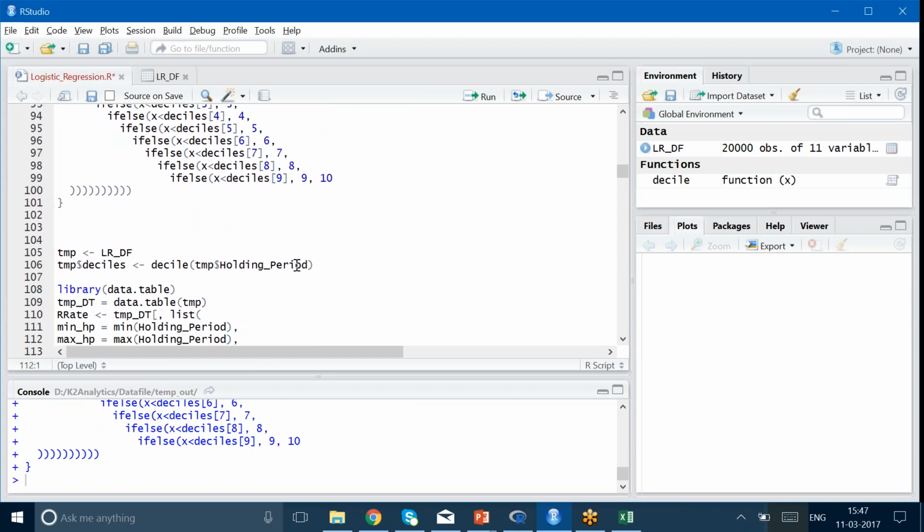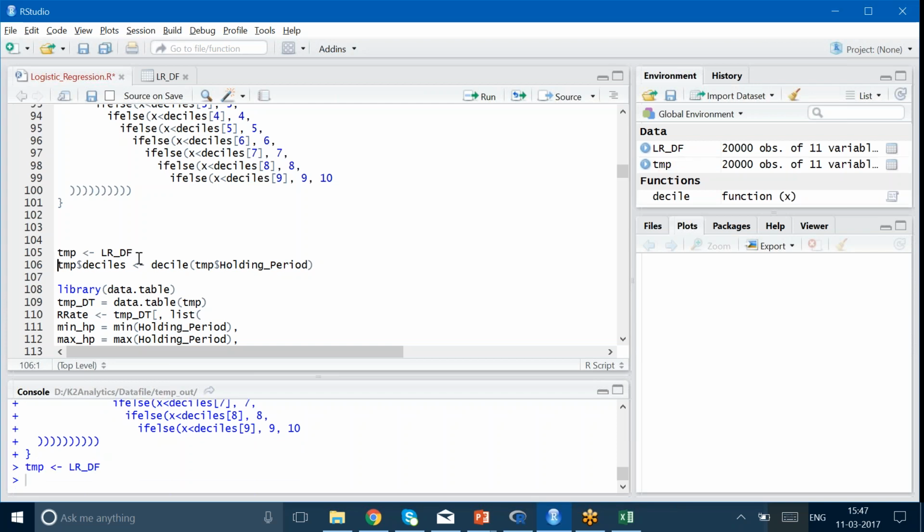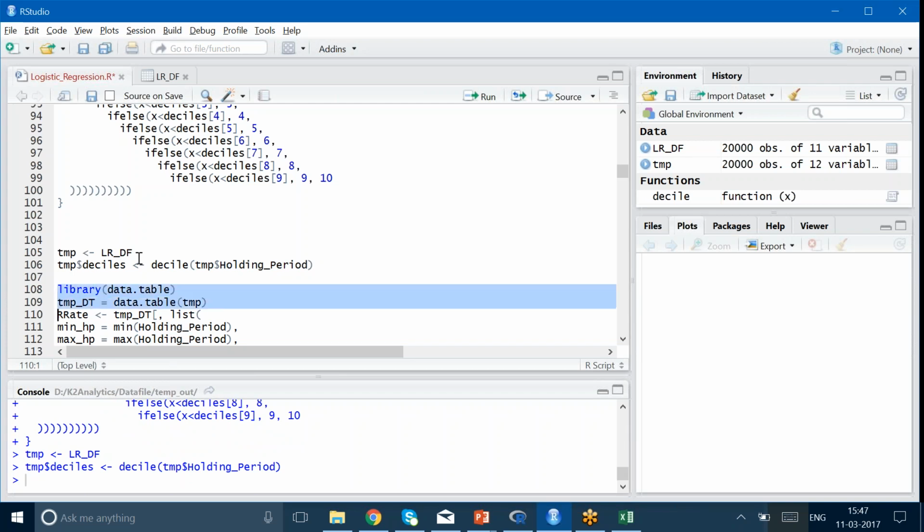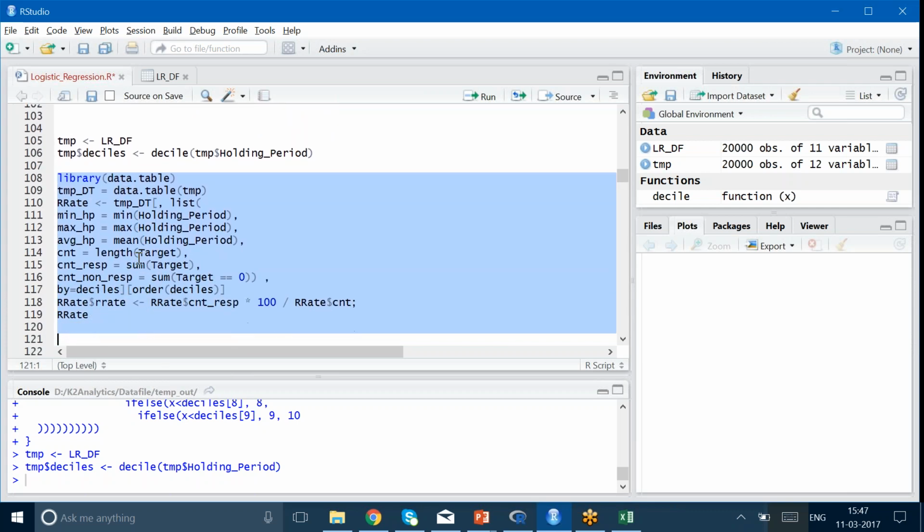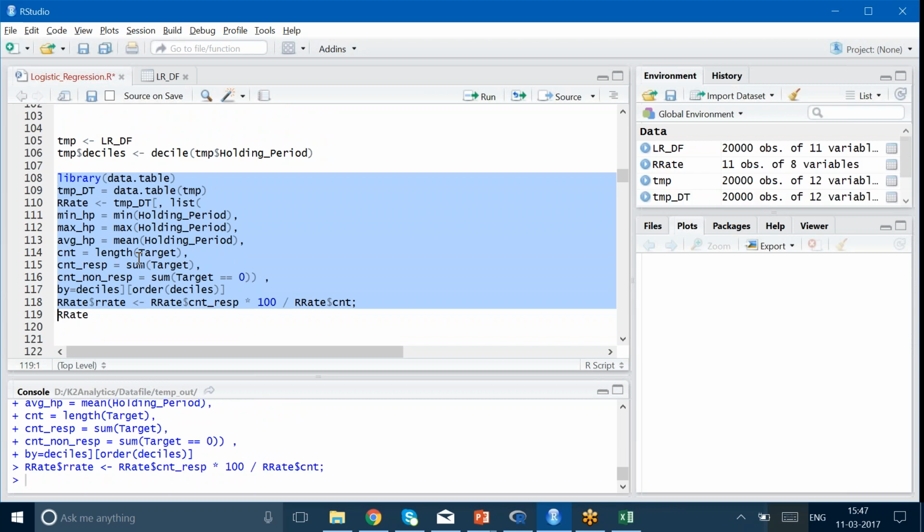After compiling this, because my objective is to treat the holding period, I'll do some aggregations based on holding period. I'm taking this data in a temporary data frame and running deciling on it. I'm not going to work directly on the main data set, to avoid any inadvertent changes. Then there's some logic I have written where I'm doing aggregation at decile level.